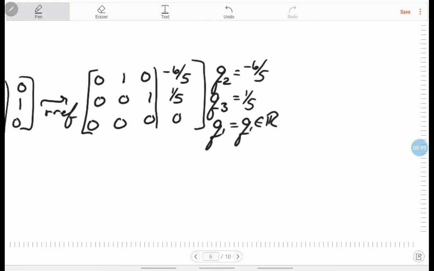So once again, you can pick your favorite number for q1. I'm going to pick 0. So then my q vector will be 0, negative 6 over 5, and 1 over 5.